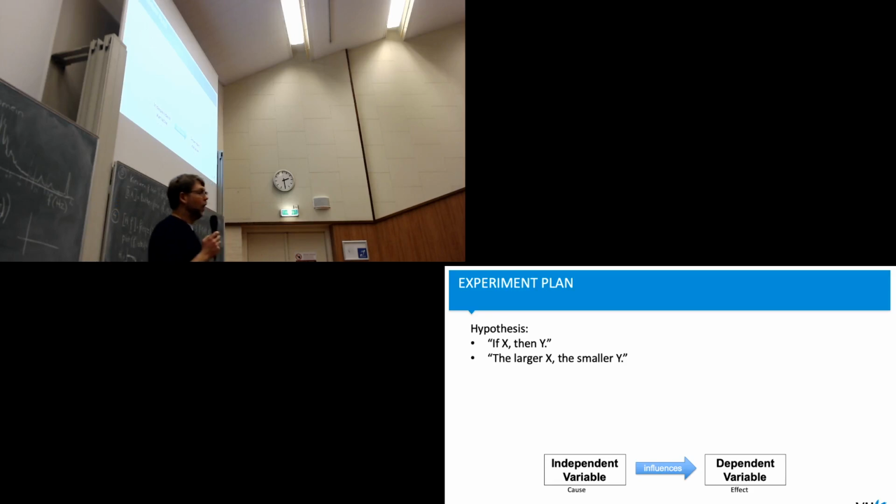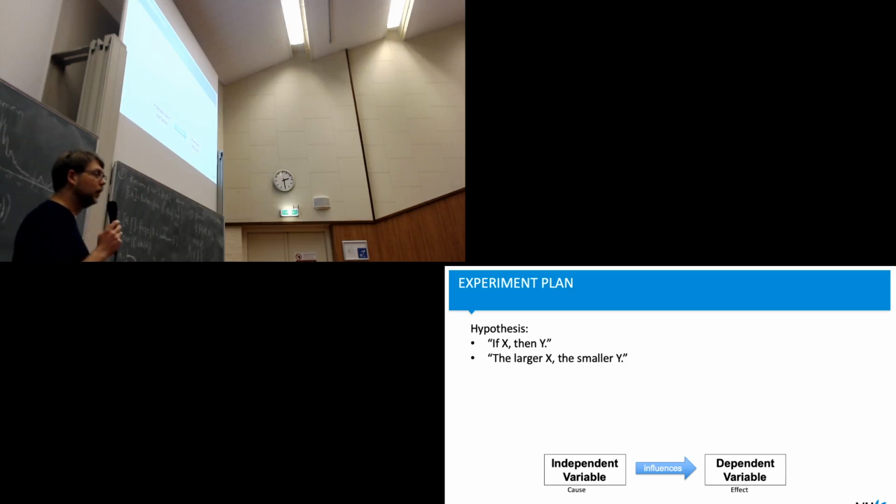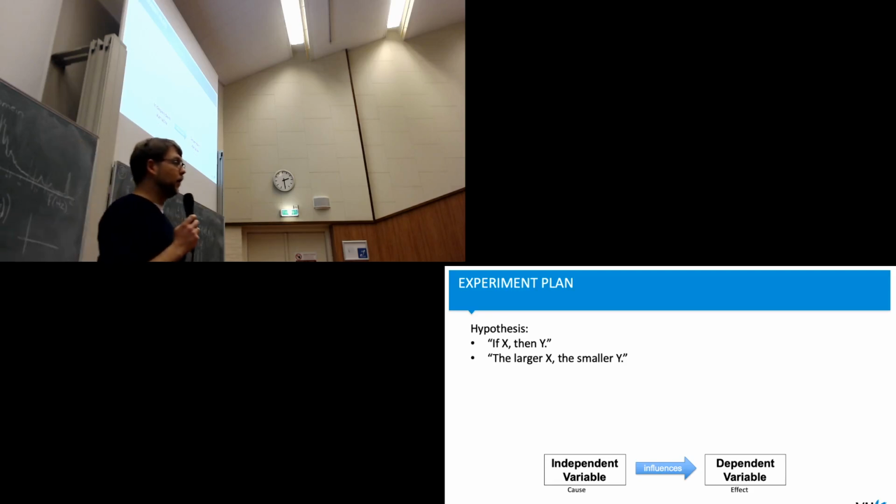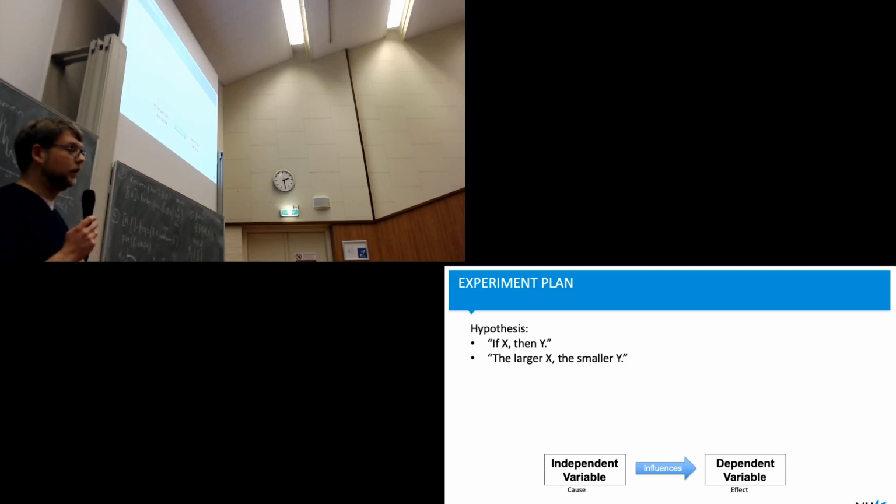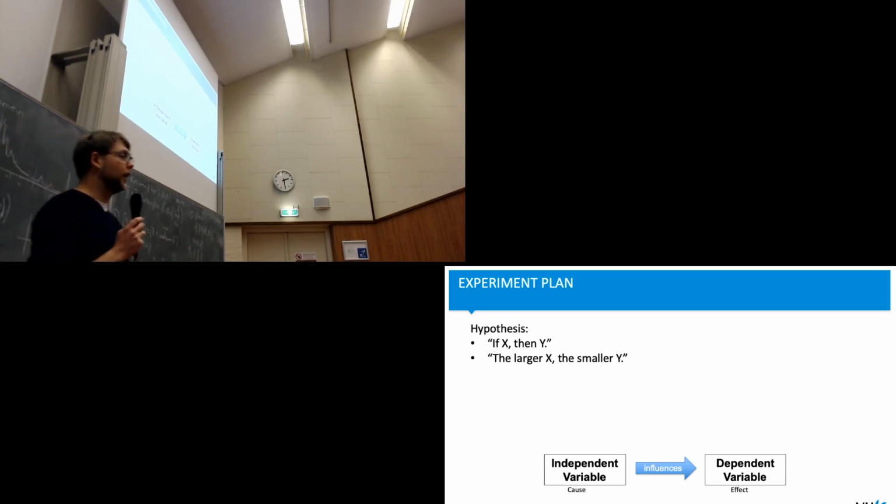So, we know already our hypothesis describes the relationship between two variables. And now when we look at this on an abstract conceptual level, we have an independent variable that influences our dependent variable. So we have a cause that influences an effect. For example, I have a light switch here.